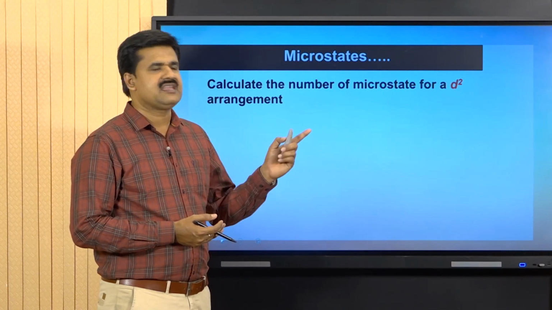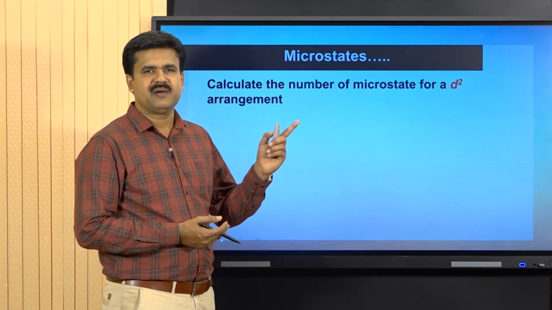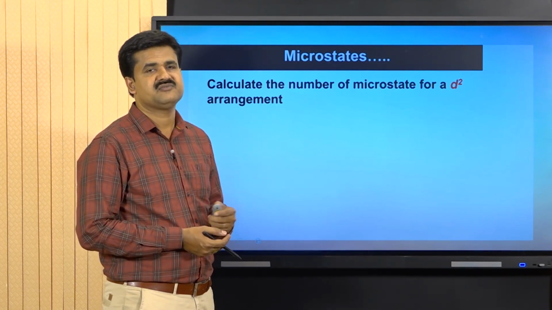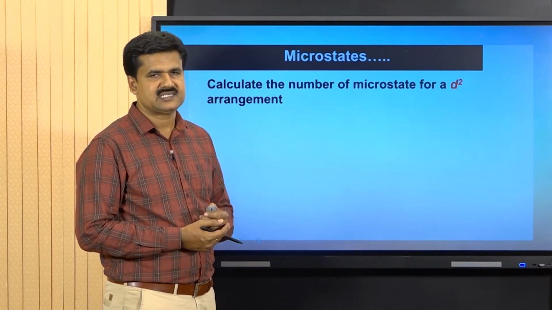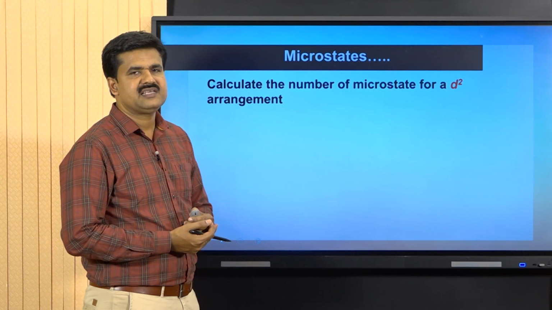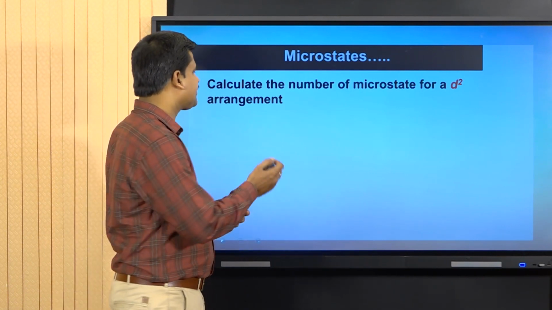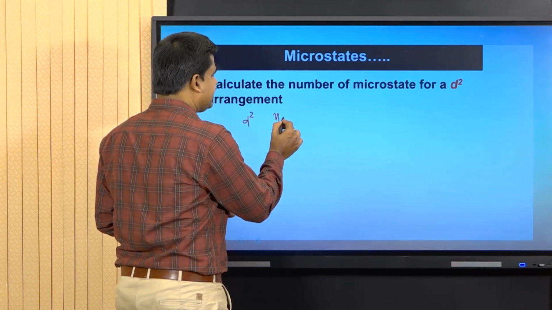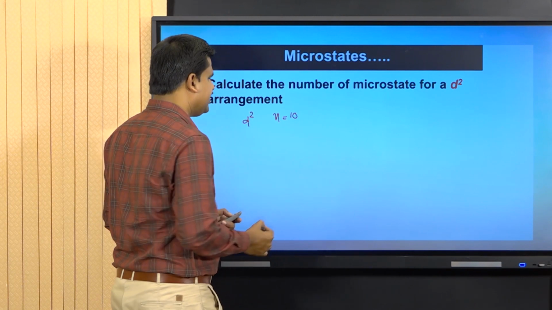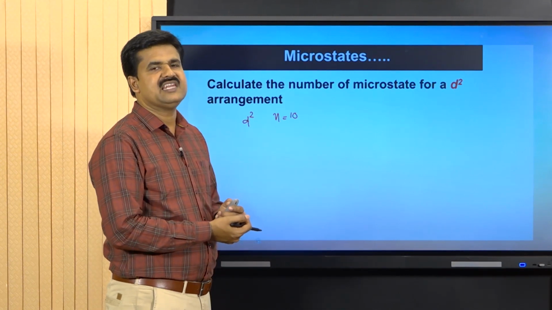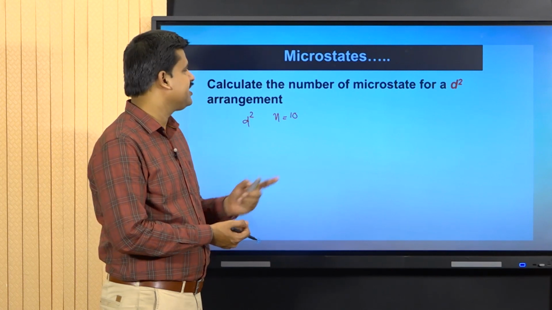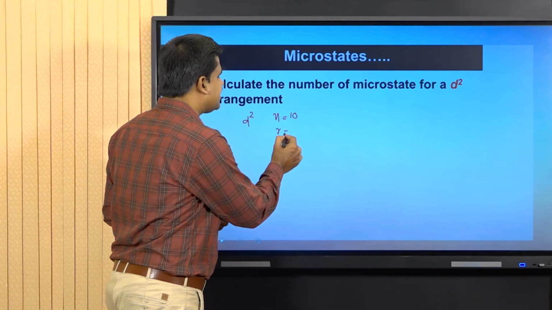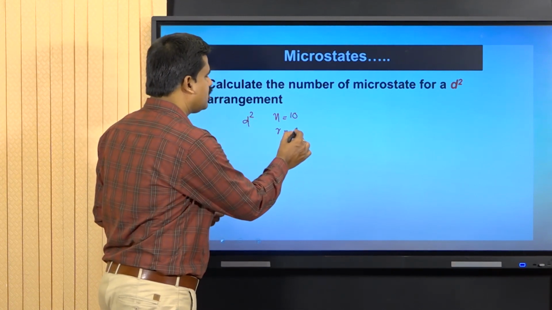Now, we can easily calculate the microstates for a D2 arrangement by proceeding in the exact way as we adopted in the P2 case. Here, the example is a D2 electronic arrangement, and for the D2 electronic arrangement, n is equal to 10, that is, there are 5 d orbitals. n is equal to twice the number of orbitals, so 2 into 5, that is equal to 10, and r is the number of electrons already present, that is equal to 2.